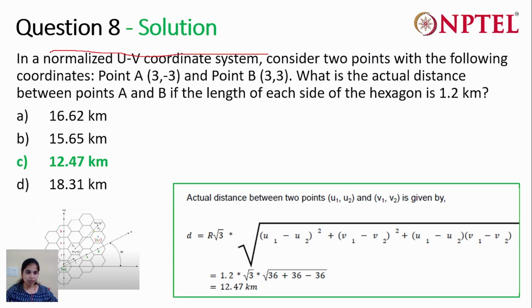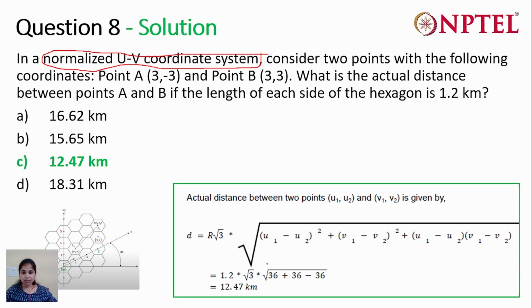First of all, how do we get the normalized UV coordinate system? In a cell structure system like this, when we keep R as 1 by root 3, we get the distance between two centers as 1. So that is the reason why we move on to a UV coordinate system.